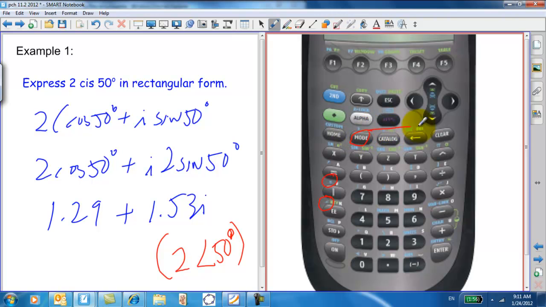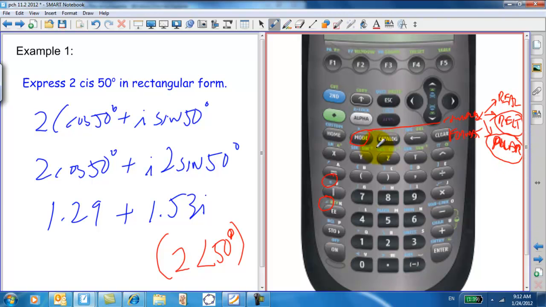Under complex numbers, you've got 3 choices for format: real, rectangular, or polar. You don't want to stick to real, since you'll get bizarre answers when you get imaginary answers. So pick rectangular, and then your answer entered like this, 2 at an angle 50, will show up in rectangular. You can also choose polar if you want all your answers to end up in polar.